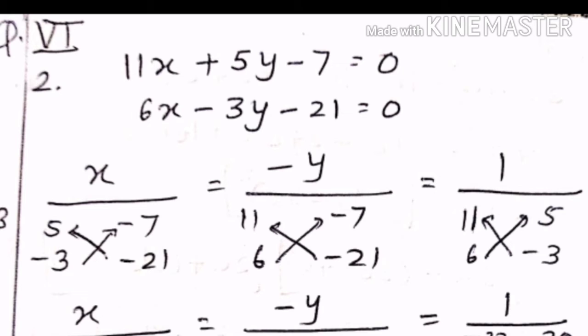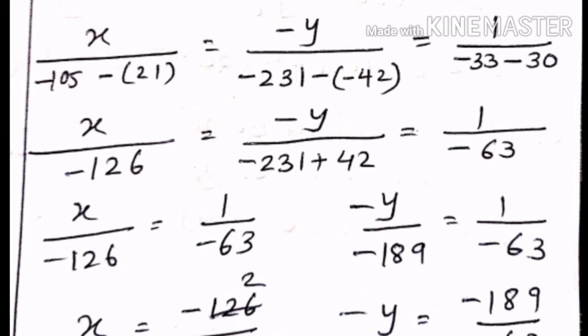That minus 21 times 5 I have taken first, that is minus 105 minus 21. Likewise you have to take the multiplication and put a minus sign between the two multiplications, as you can see. By simplification, under the x I get minus 126, under the minus y minus 231 plus 42, and under the 1 minus 63.